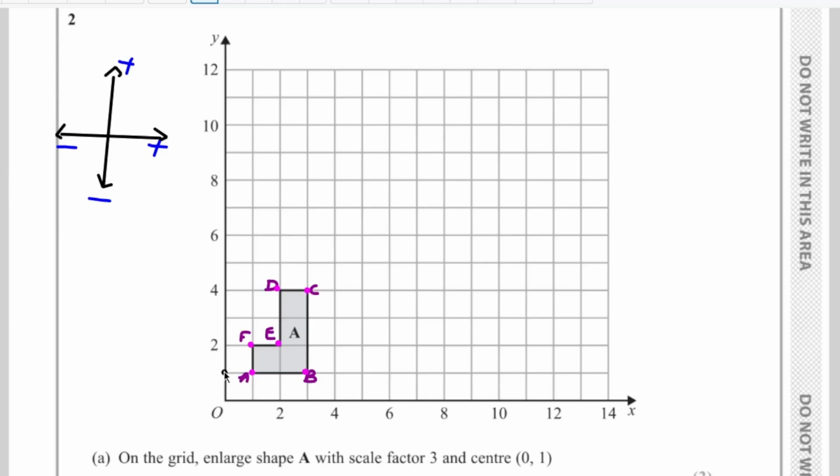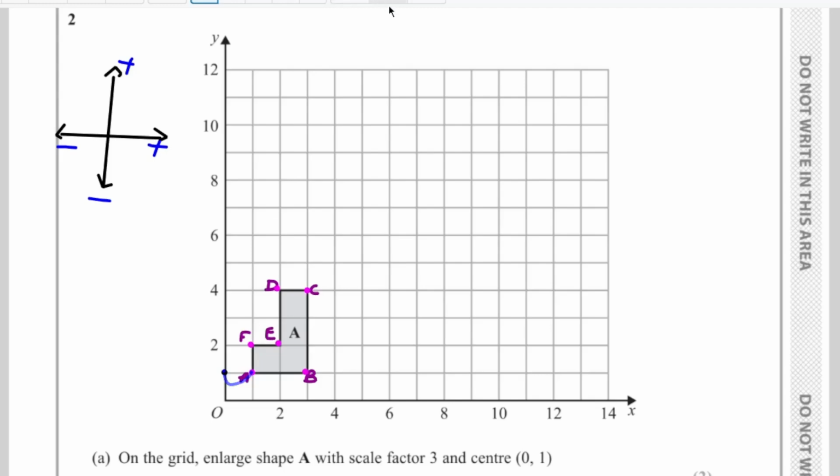Can you see, being at the center, to move to the vertex A, I got to move forward just 1 unit. So I'm moving here, just 1 unit over here. And no vertical movement.